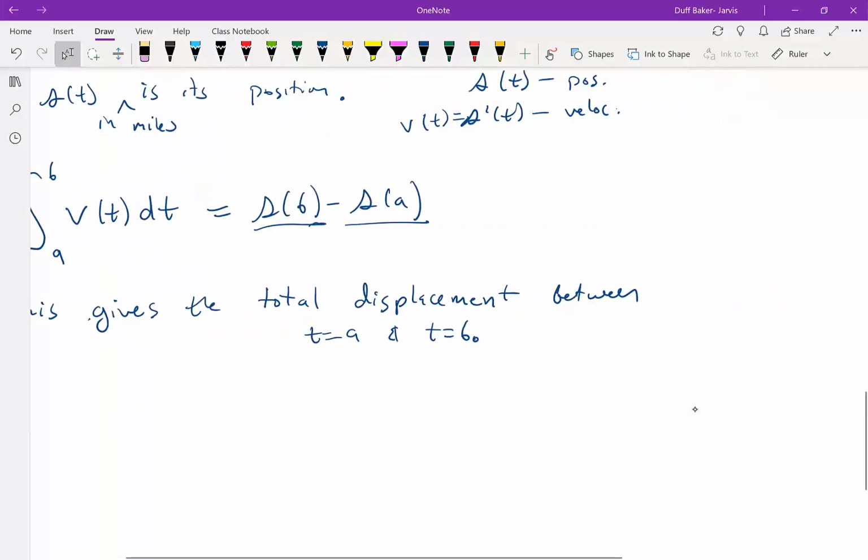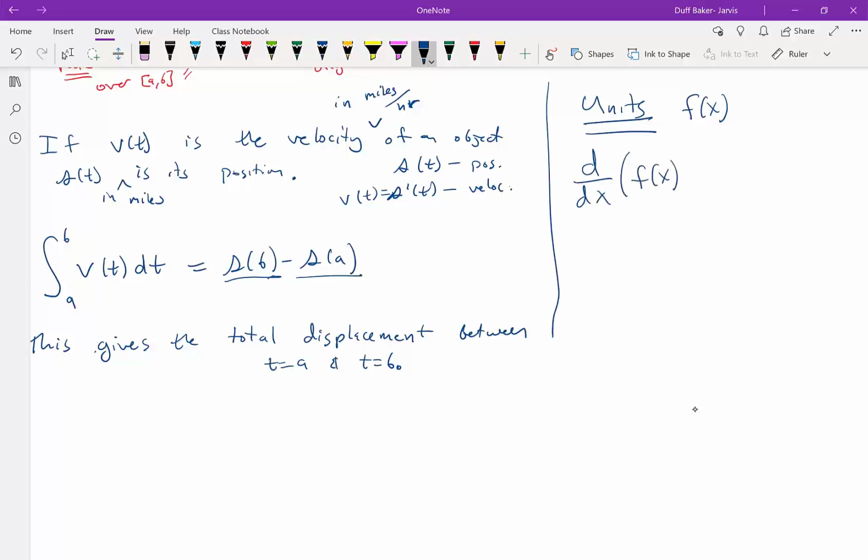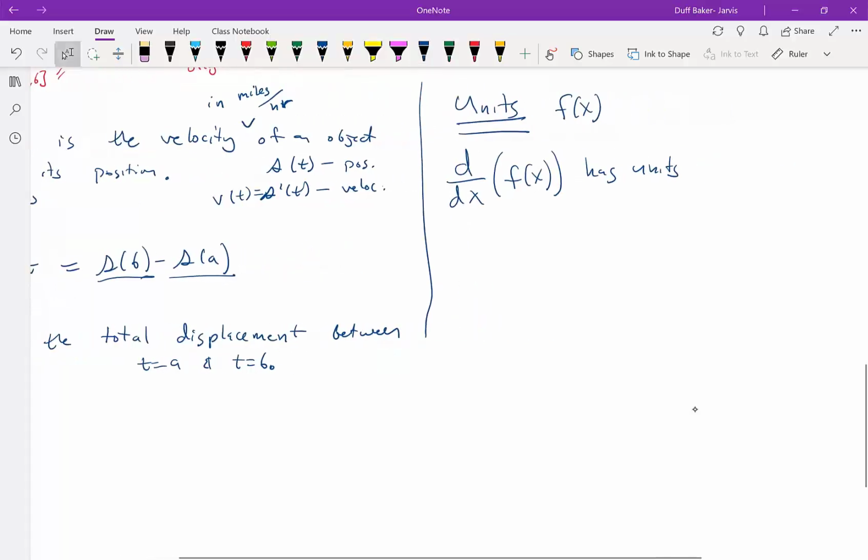Maybe it's worth pointing out that it's useful to remember, if you think about units, so remember, if I start with the function f of x, then if I take the derivative of f, this has units of f itself divided by the units of the input, right?